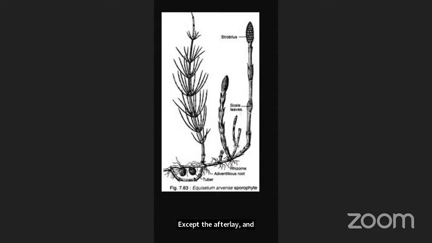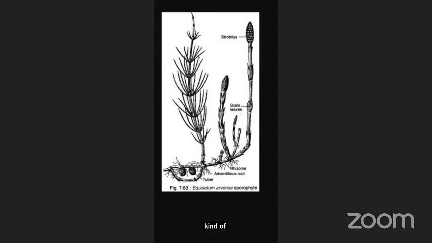Then the structure of the sporophyte. The habitat: it thrives in a variety of habitats. It grows in urban and exposed locations, in grasslands and wetlands, some sandy sites, and sandy roadsides also.